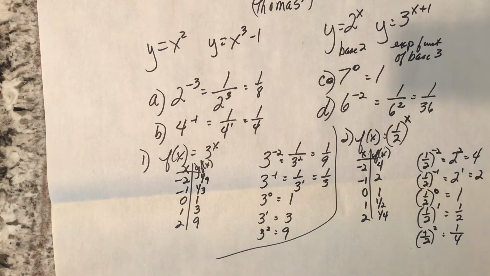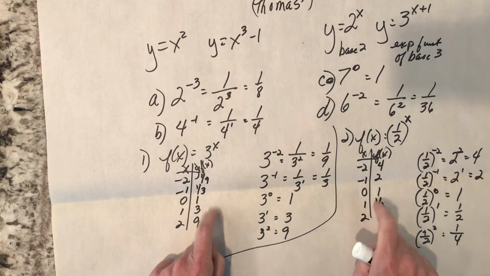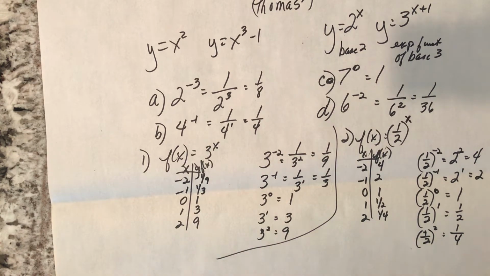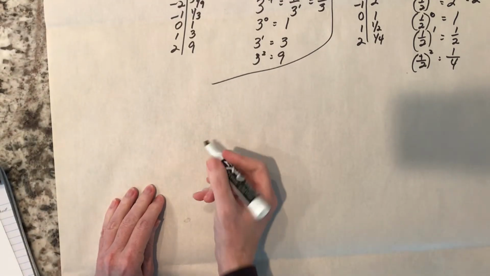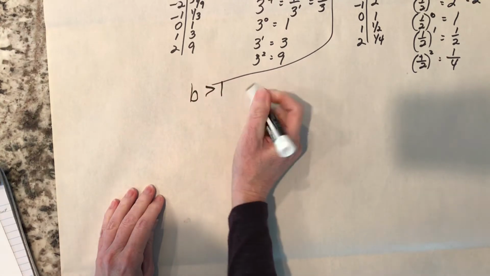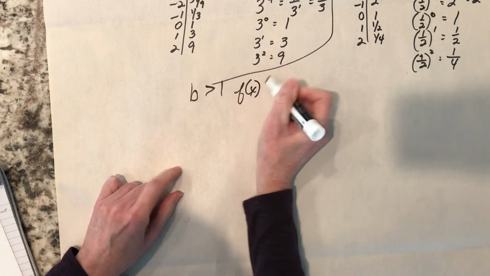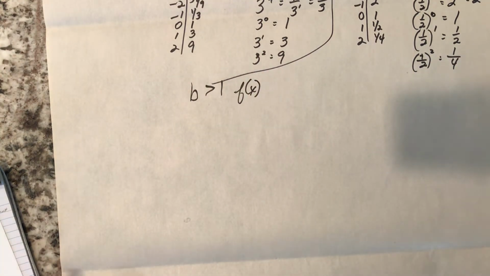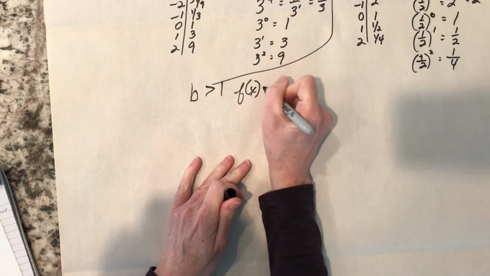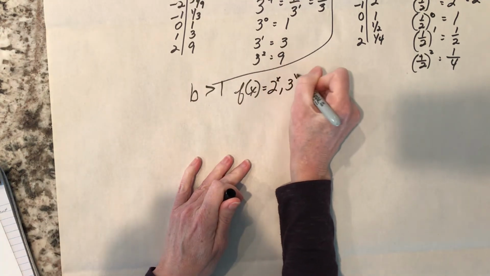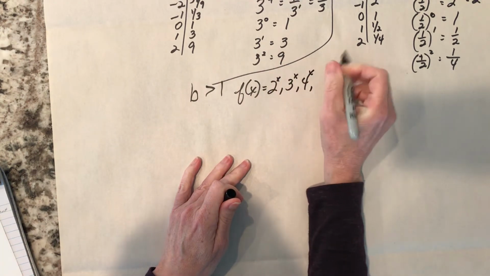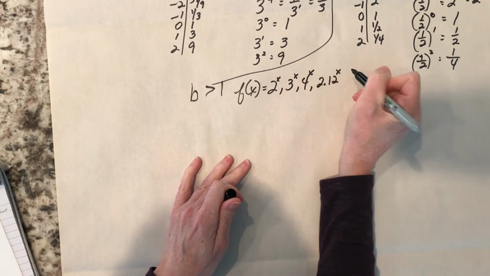And this is kind of a big deal. This is what we see in these two graphs right here. So when b is greater than 1, and what that means is that you've got f of x equals 2 to the x power, or 3 to the x power, or 4 to the x power, or even something like 2.12 to the x power.